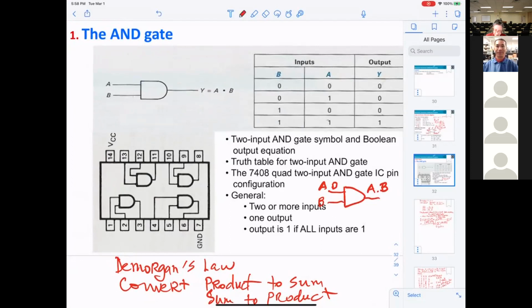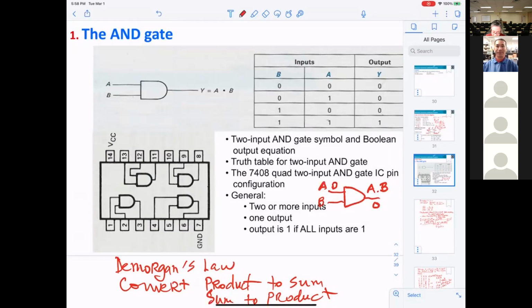The reason is A is 0 and B, anything AND 0, same thing like anything times 0, it has to be 0. So B, you don't care.